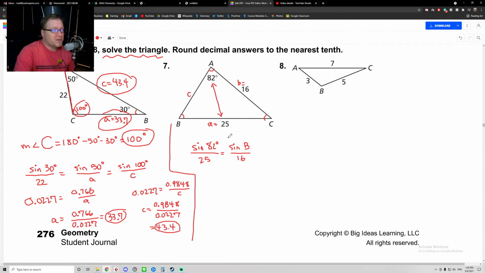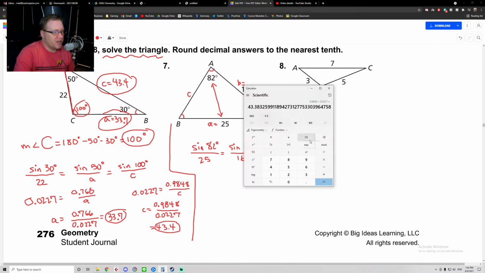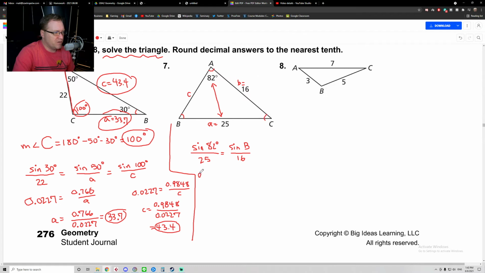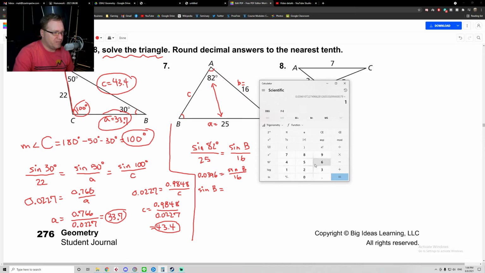Now we're going to solve for sine B. Let's use our calculator: 82 sine, and then divide by 25 equals 0.0396. So 0.0396 equals the sine of B over 16, which means 16 times this is going to equal the sine of B. So sine of B is going to equal this times 16, which gives us 0.63377.